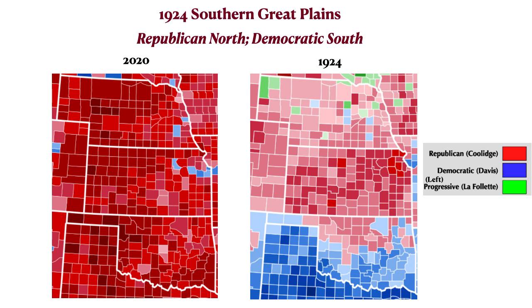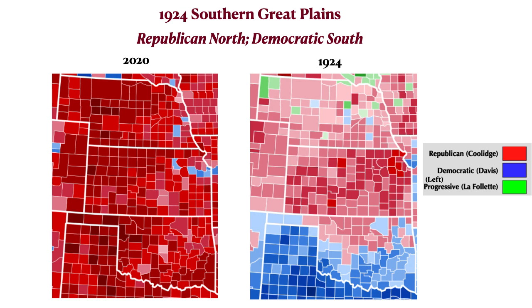So that same pattern. But in 1924, another election with both the Republican and Democratic candidates quite conservative. You had a third party, the Progressive Party of La Follette of Wisconsin, which was left-wing progressive, and you could see it did win in some states in Nebraska, but Kansas has really returned to the Republican fold.